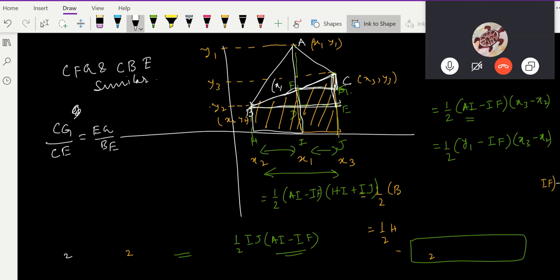Now what is CG? CG is Y3 minus Y, and CE is Y3 minus Y2, right? What is EG?